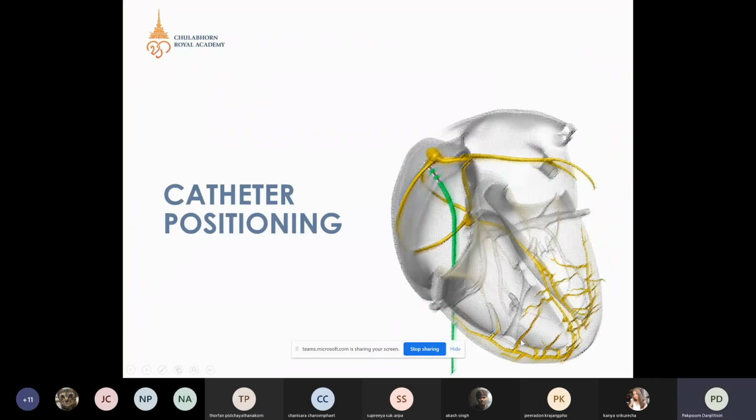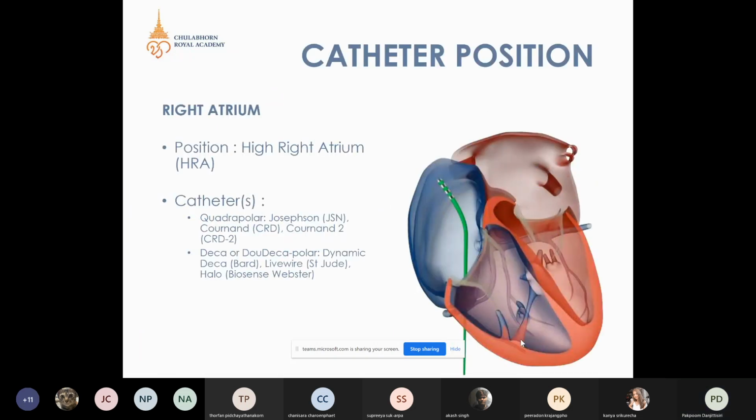Okay. Let's continue to the catheter position. The high right atrium, that is a polar catheter.